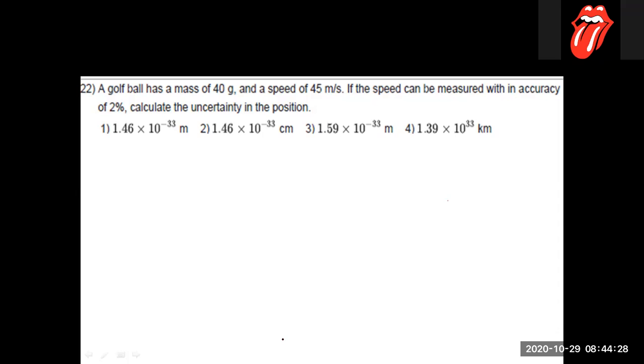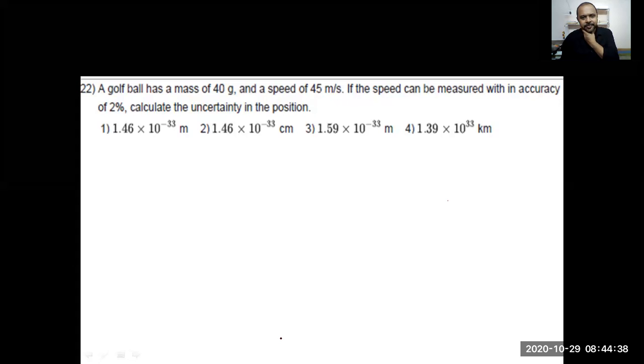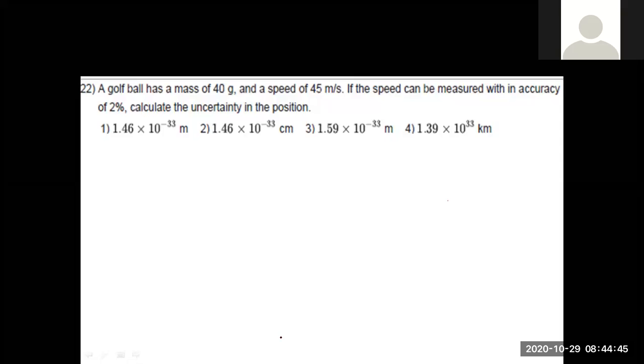Sir, it is 1 by 36 into 10 to the power minus. Oh, it's given in decimal. So finally, what is the option? Option 1. Okay.